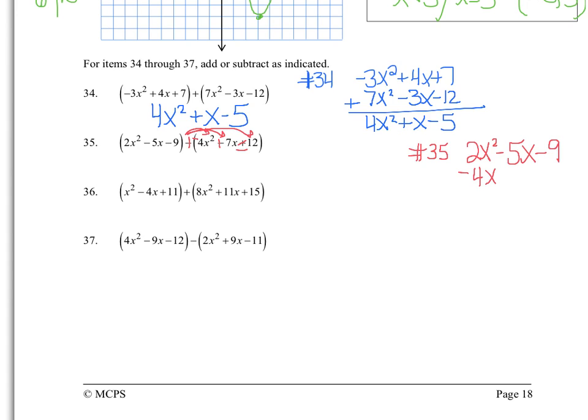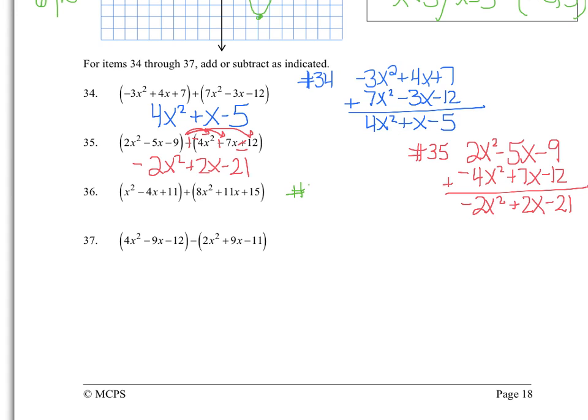So I have negative 4x squared plus 7x minus 12, and I'm going to be adding these together. Well, 2x squared minus 4x squared is negative 2x squared. Negative 5x plus 7x is positive 2x. And negative 9 minus 12 is negative 21. So my polynomial is going to be negative 2x squared plus 2x minus 21.